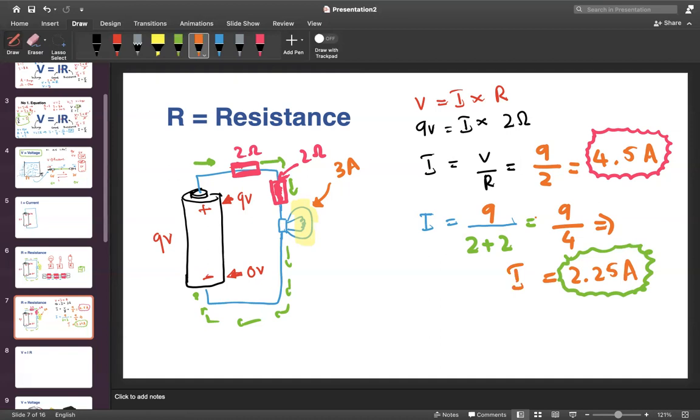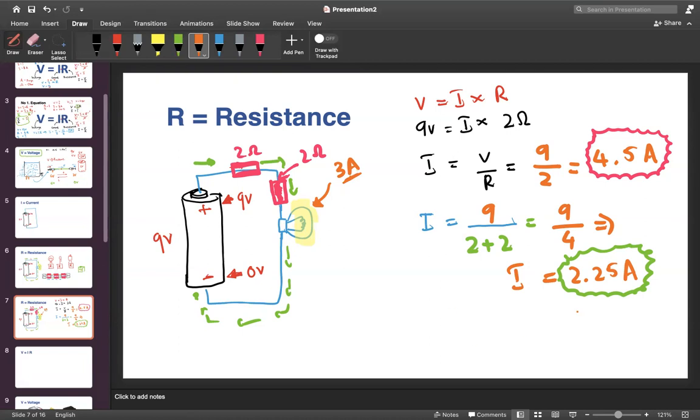Do you understand that, Dulnita? Yes. Brilliant. So there can be a small thing now happening. Sometimes this light may not light up as it used to from 3 amps, right? It may not light up as brightly as with 3 amps. The light may be dimmer.